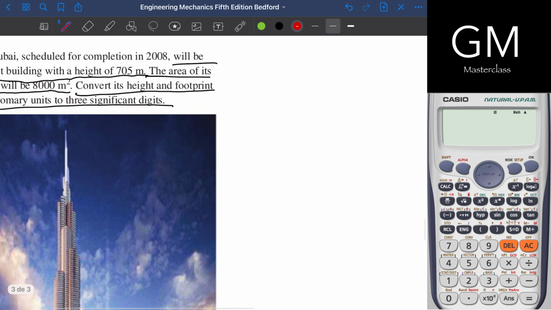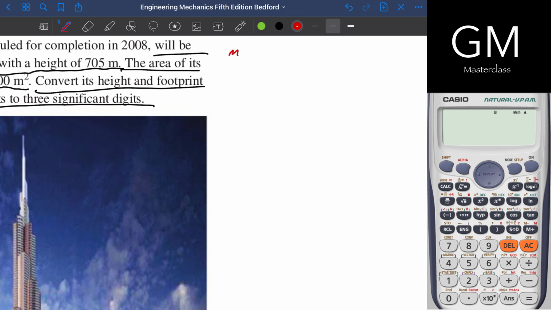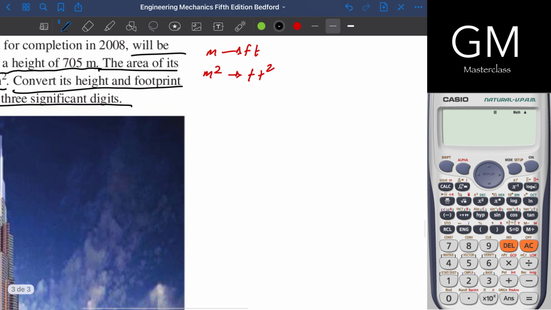So the exercise is just telling us to convert from meters to feet and from square meters to square feet. Why is that? Because when we are talking about distances in the US system, we're going to talk about foots or feet.